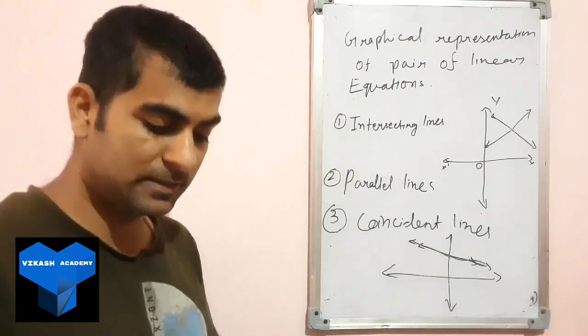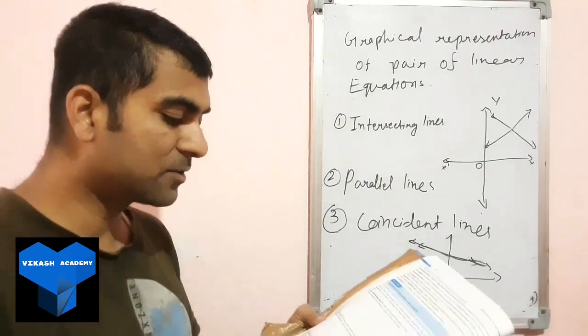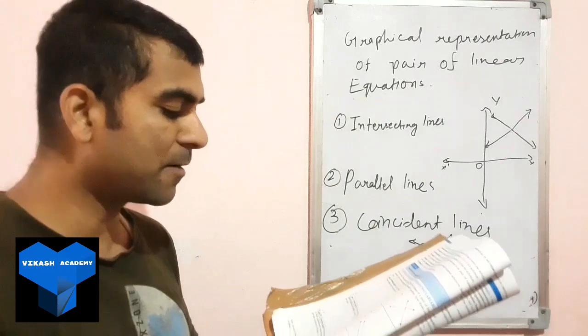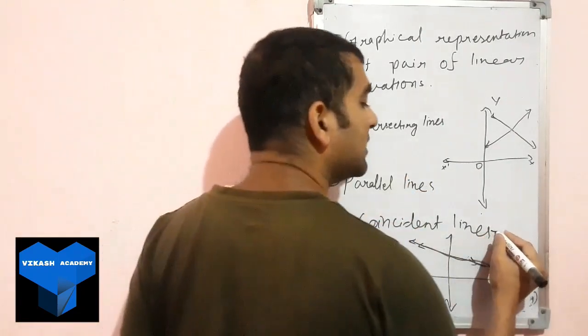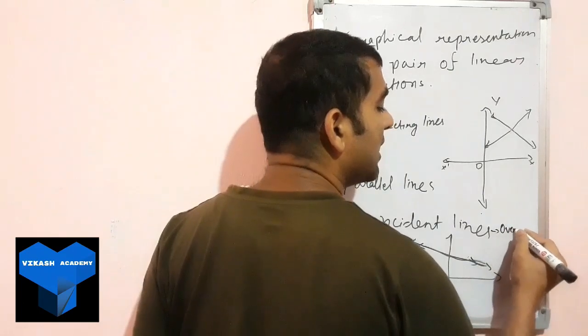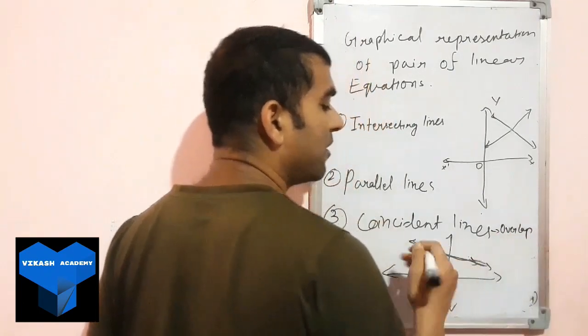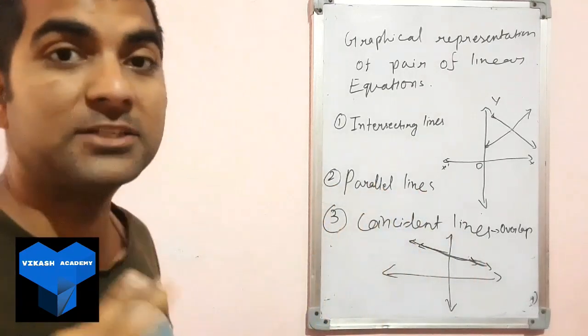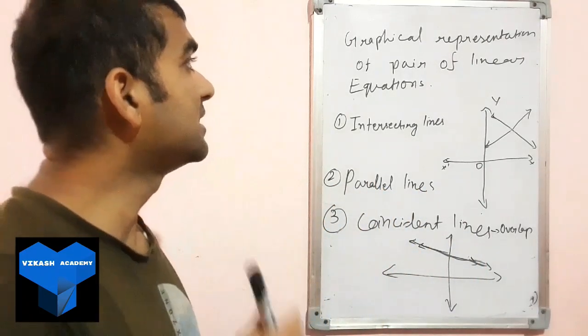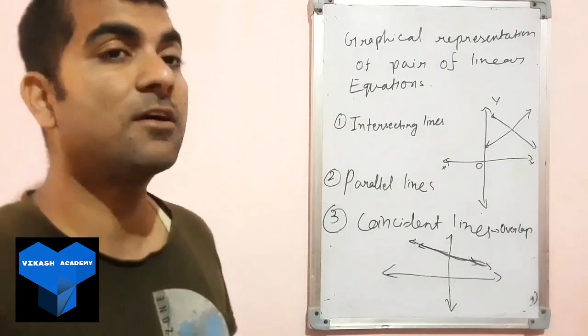Here the book says two lines which represent the system of a pair of linear equations may overlap. So it is easy to say overlap means one line overlaps the other. So this is about the graphical representation of a pair of linear equations.